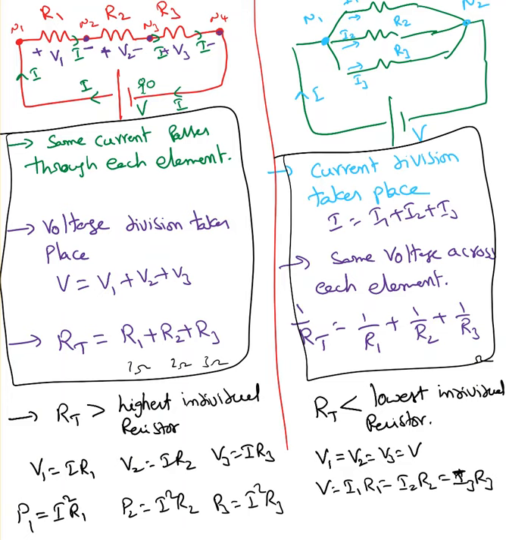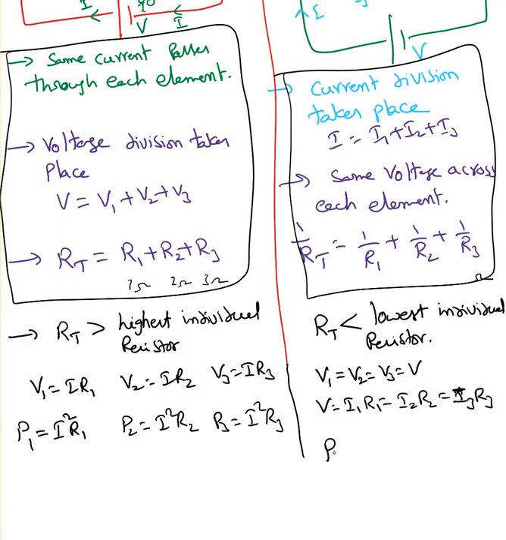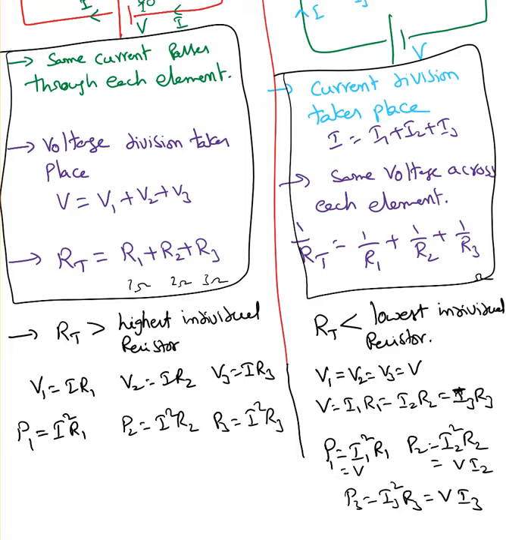Since I is the same, we use the same I. Whereas in parallel, P1 equals I1 square R1, P2 equals I2 square R2, and P3 equals I3 square R3. Instead of that, can I use V times I3? Yes, you can do that. Same thing here, V times I2, and V times I1. So you can use either of those two formulas.